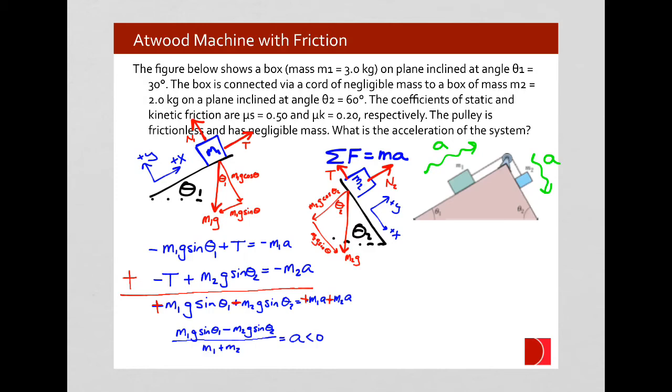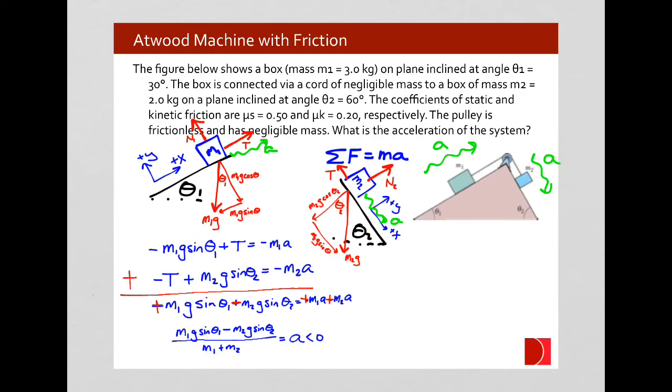What that means as well is that for each individual block, this block, block 1, is going to the right, and this block 2 is also going to the right.